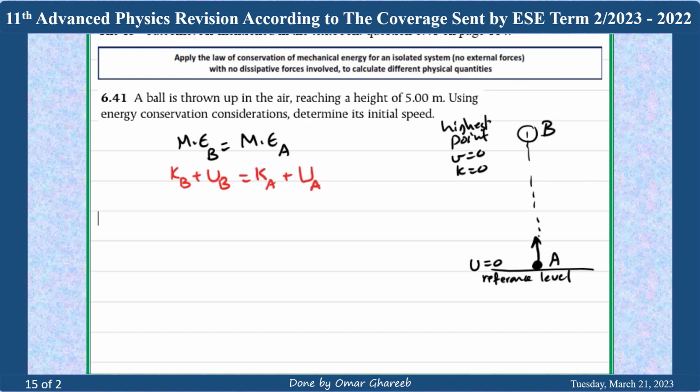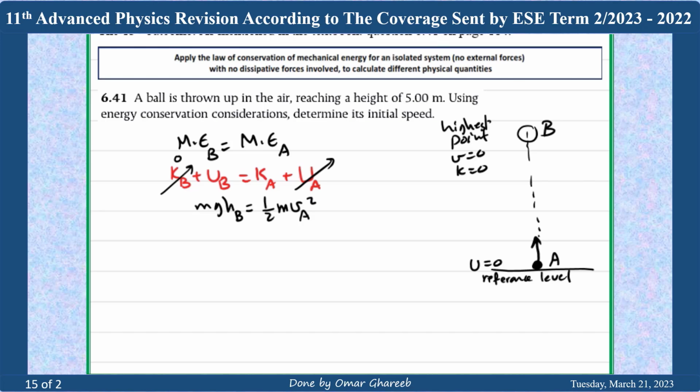Now at A we have, by assumption, that the potential energy is 0, and at B we have for sure the kinetic energy is 0. So the potential energy at B, which is m g h_B, equals the kinetic energy at A, 1/2 m v_A squared.